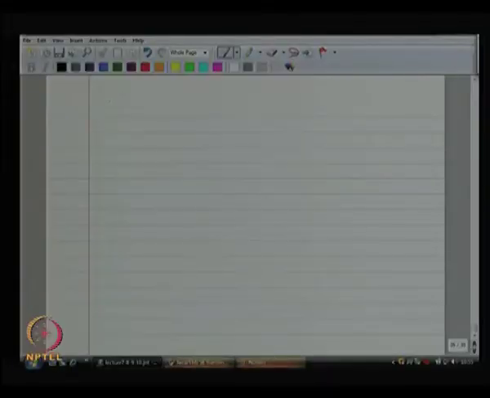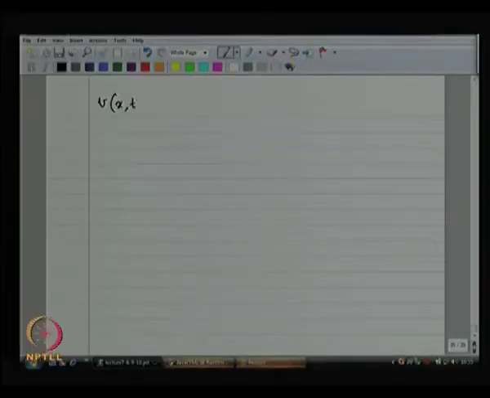V of x, t is going to be a function, let us call it V plus.